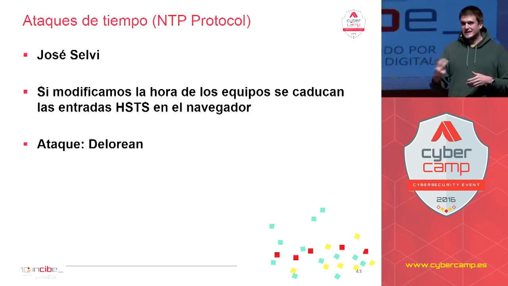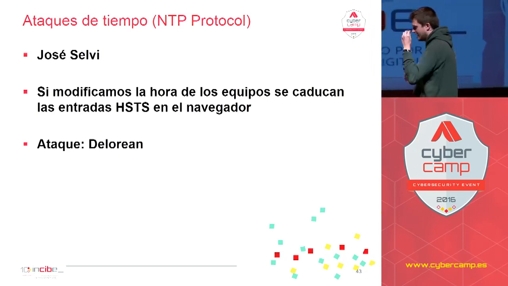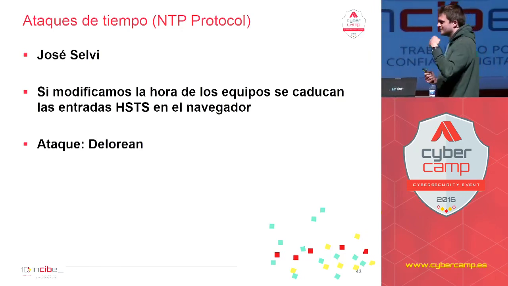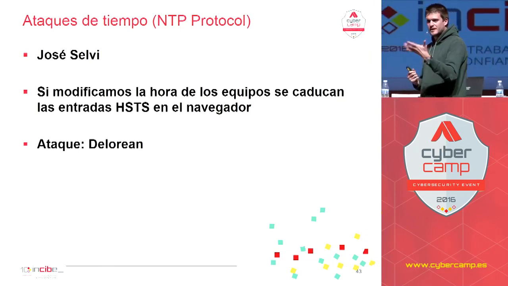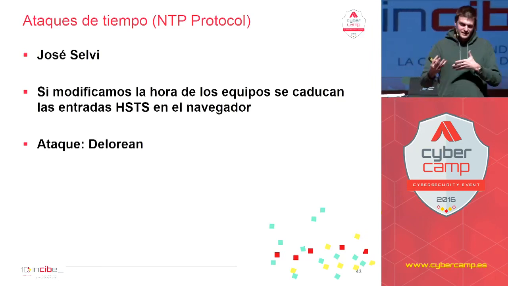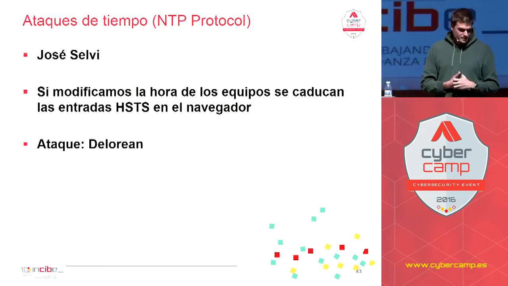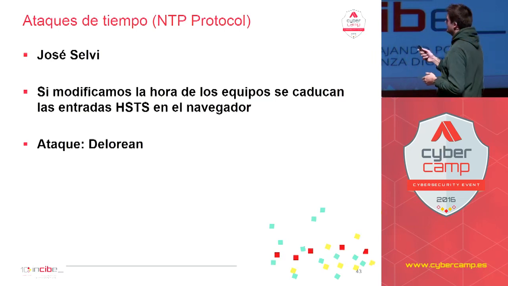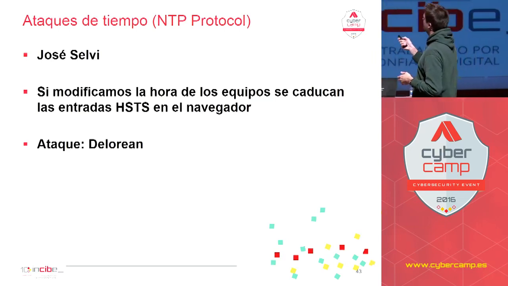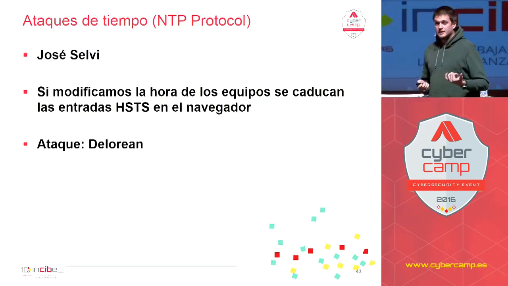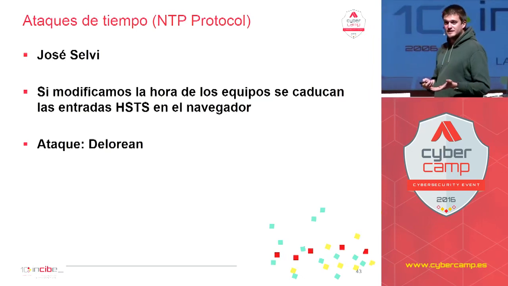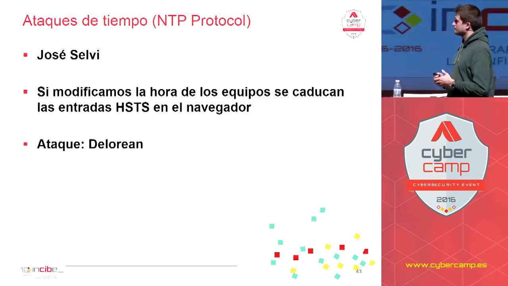So his hypothesis or scenario, well, he developed it. What if I try this? What if I try this? It is all about trying and trying to understand it. So he realized that if we change the time on the device, the HSTS entries expire.